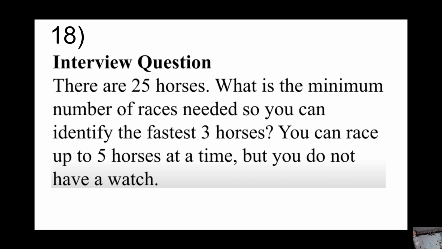You don't sound very confident anymore. You guys want to know the answer? I'll scan it through and put it on Google Classroom. The answer is 7. You do it in 7 races. But if you want to know why, it's on Google Classroom.